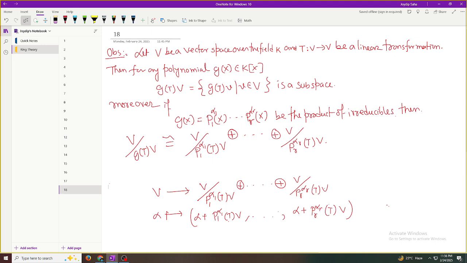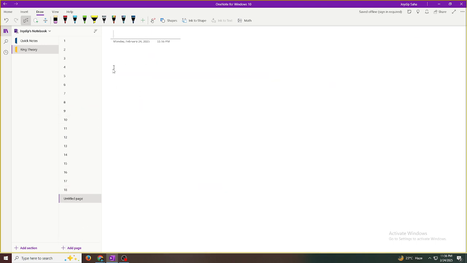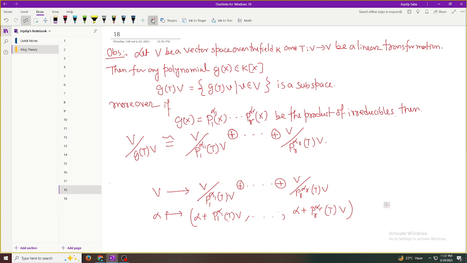Now another exercise. Can you say what is the kernel of theta? I will discuss it next day.